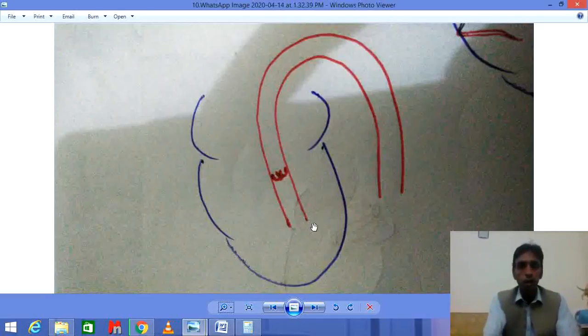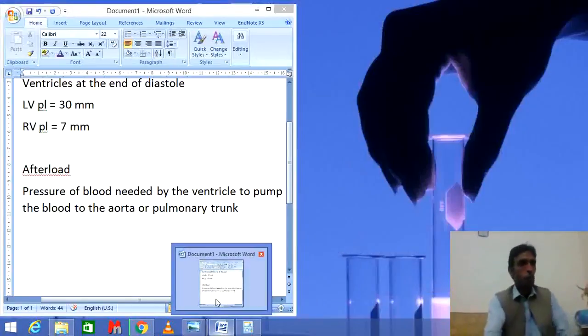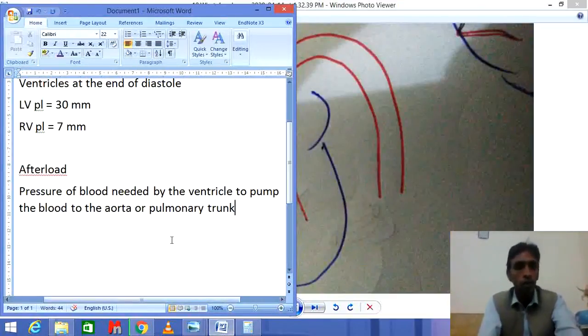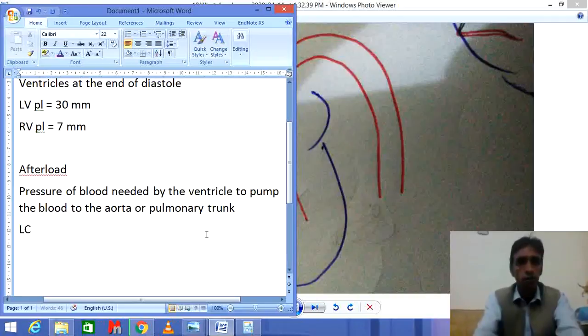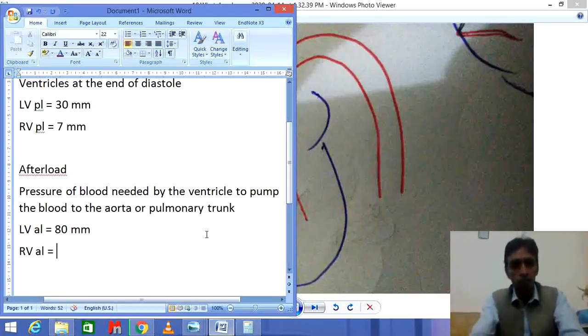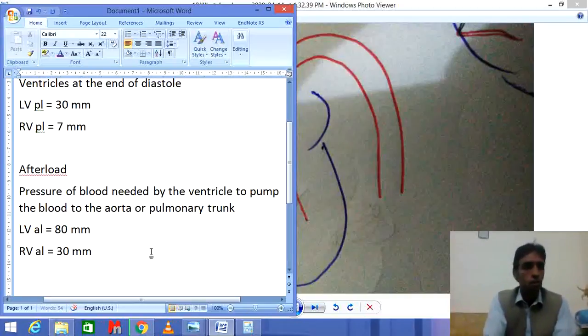So in the afterload, the left ventricle afterload is equal to 80 millimeters of Hg, while the right ventricle afterload is very low, that is 30 millimeters of Hg.